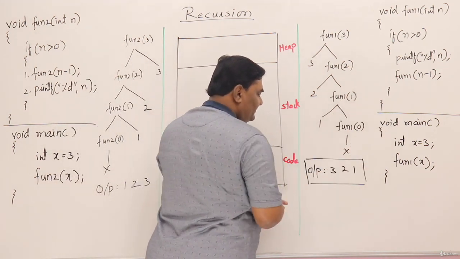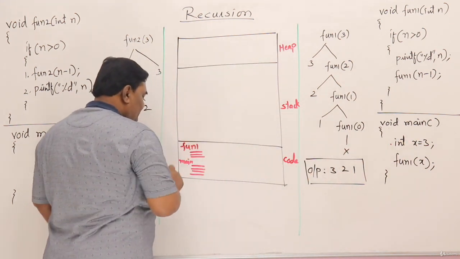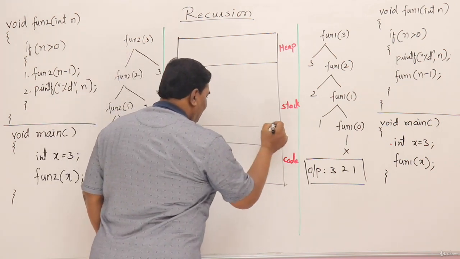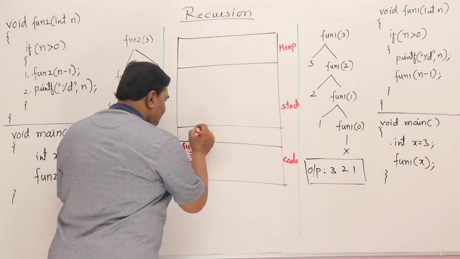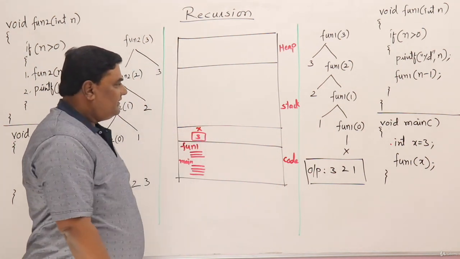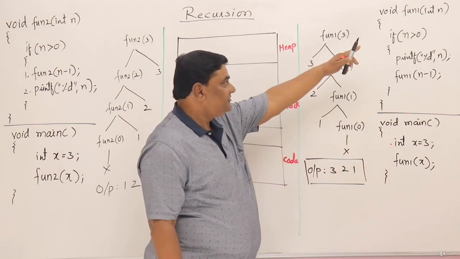In that main function, this is the first statement, that is X is created. So an activation record for main function is created, and it will have its own variable, that is X, having value 3. Then the very next statement is fun1, a call to function 1.